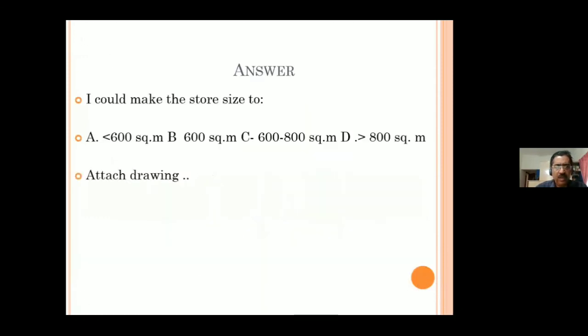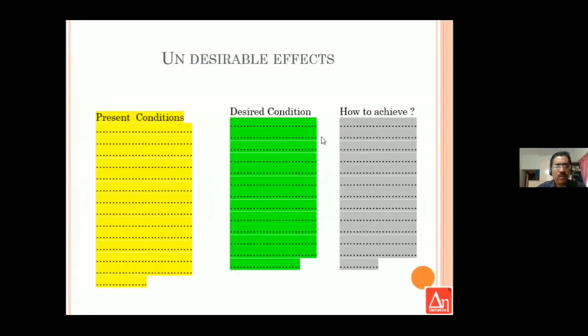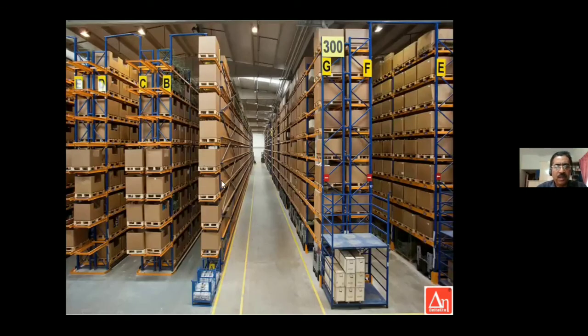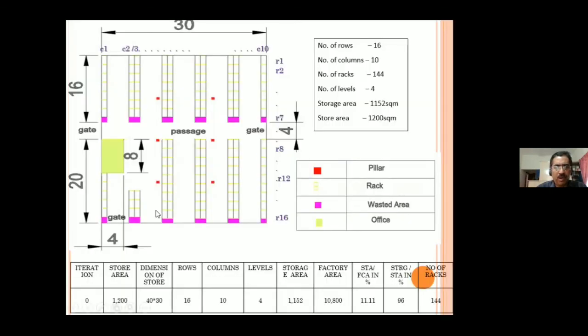Now, if you see in this store, the forklift has to run through this entire floor area of 1200 square meter to retrieve material, because material is kept at this corner, it is in this corner, it is running here. If it goes inside the factory 10 times a day, it is doing a round of at least around 5 kilometers per day.